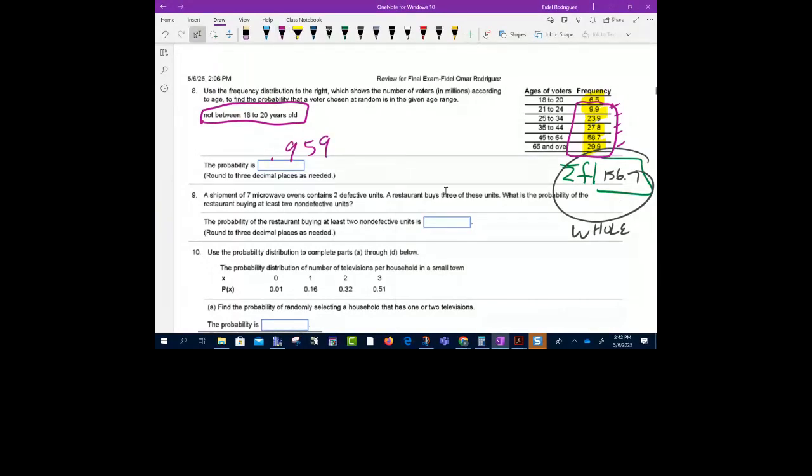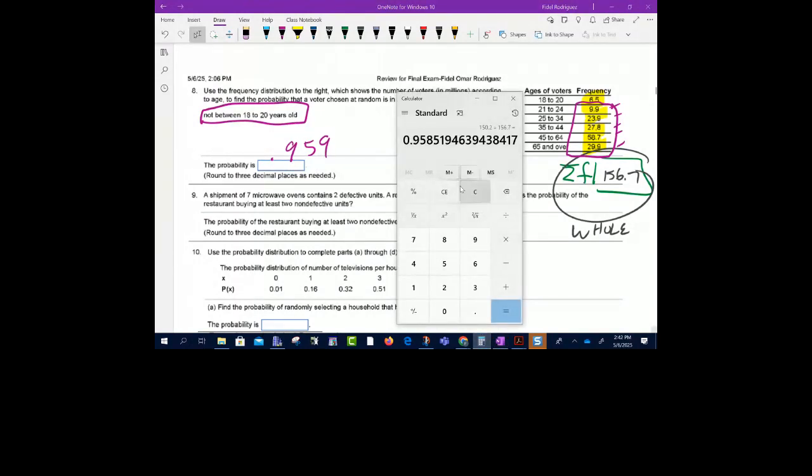Now, y'all, just to give you a heads up, another way we could have done this, we could have said, let's take 6.5 and divide it by the total, 156.7, and we get that number there. And then remember, if we're trying to find everybody except that guy, we can take 1 minus that, and there's my 0.959, right?